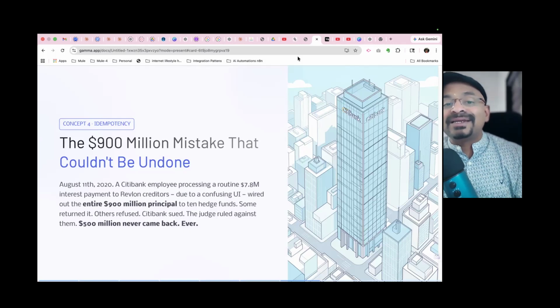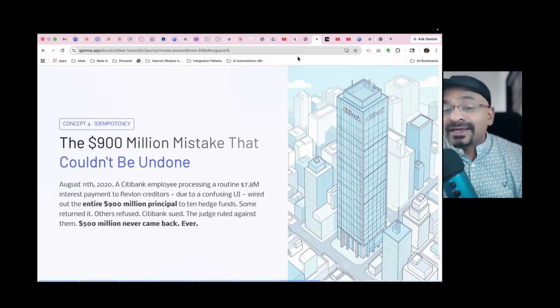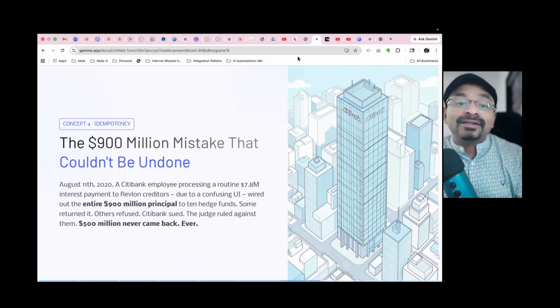Assuming it failed, it triggered once again. So the transaction got executed three times, and an $800,000 transaction becomes a $2.4 million transaction. That is a very significant impact.